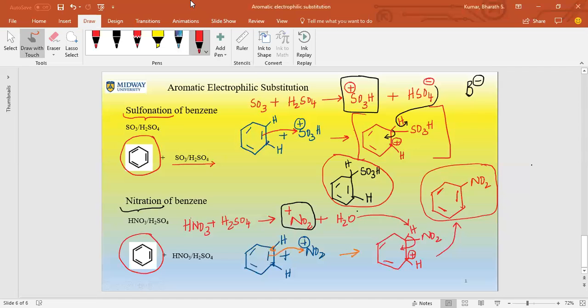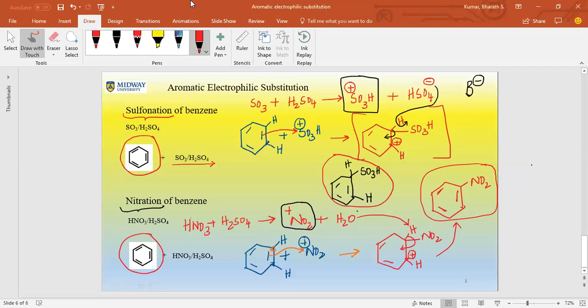Now, if you were to add another substituent to this existing ring containing the NO2, then the NO2 has a say. It doesn't allow an incoming substituent to certain positions on the ring. It only directs it to certain other positions. That's what we meant by substituent directors, that is ortho, meta, para, which we will discuss in a separate video.